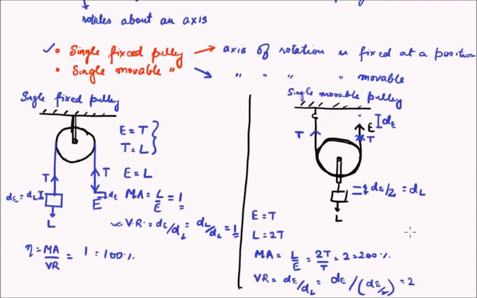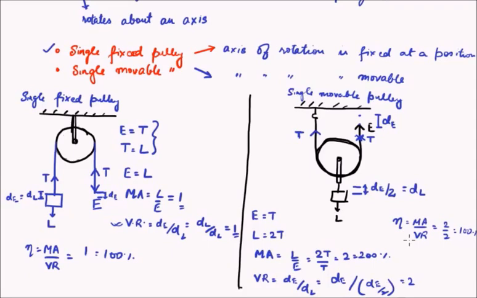Now we can apply the equation for efficiency, which is mechanical advantage by velocity ratio, which turns out to be 2 upon 2, 100%. So in this ideal scenario we get a 100% efficiency, which in practical scenarios won't be the case. There will be frictional losses. As a result, the mechanical advantage will be less than 200%. The velocity ratio will remain 2, and the efficiency will be less than 100%.